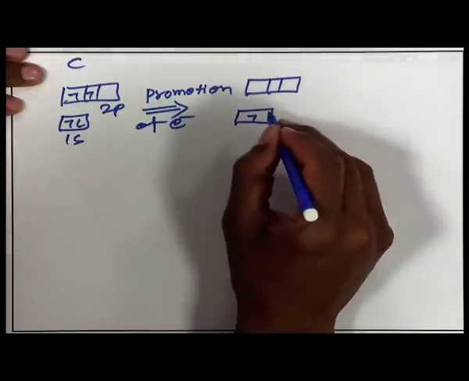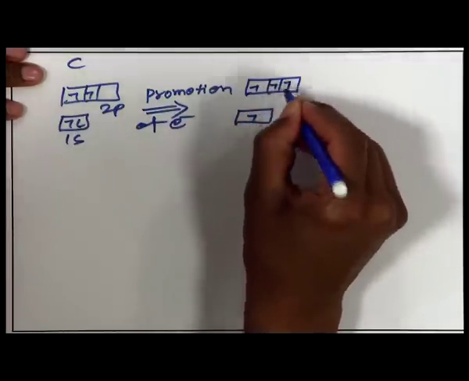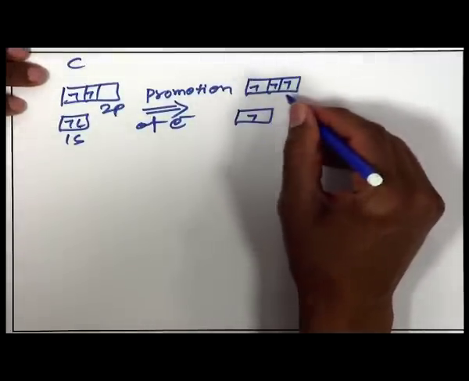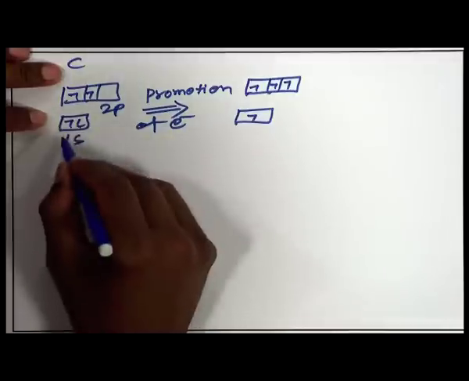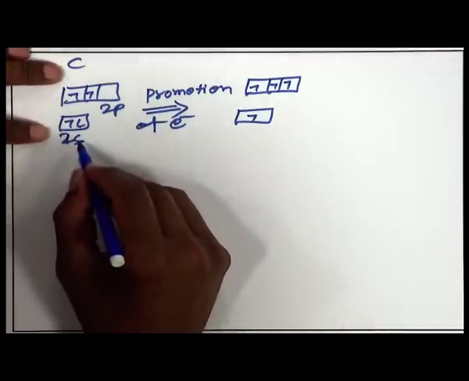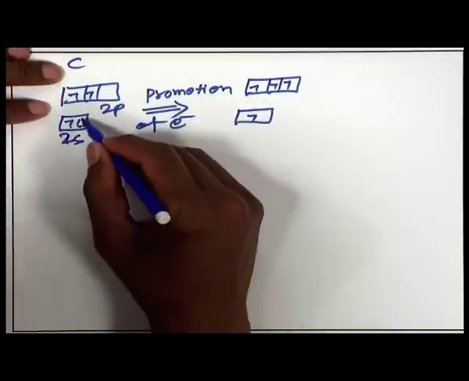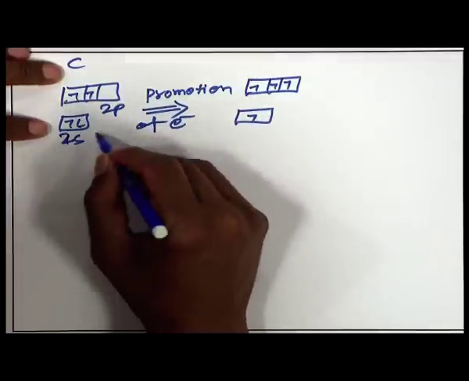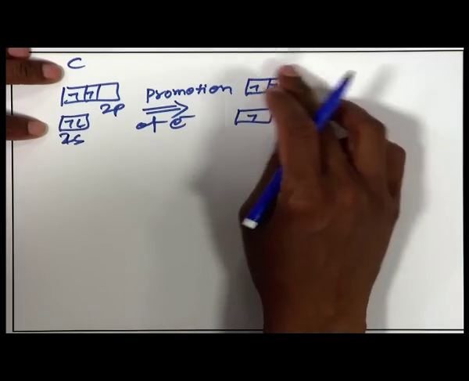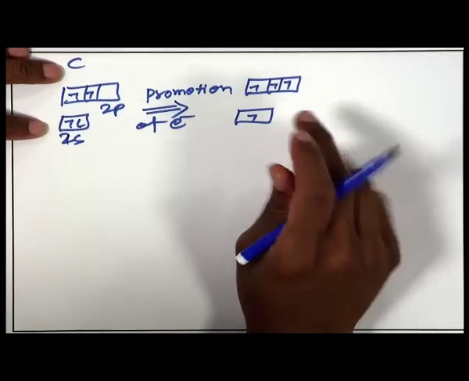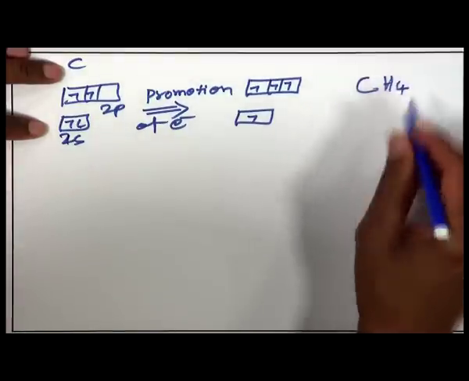When you promote an electron from the 2s orbital to the 2p orbital, because it has one vacant orbital, the carbon will have 4 unpaired electrons. Why do we need 4 unpaired electrons? To explain CH4. So it is like that.